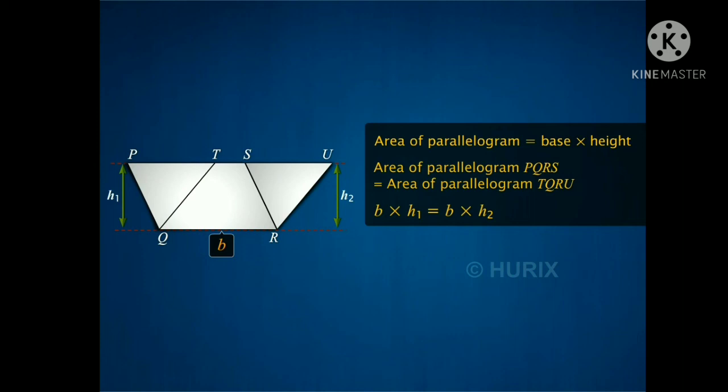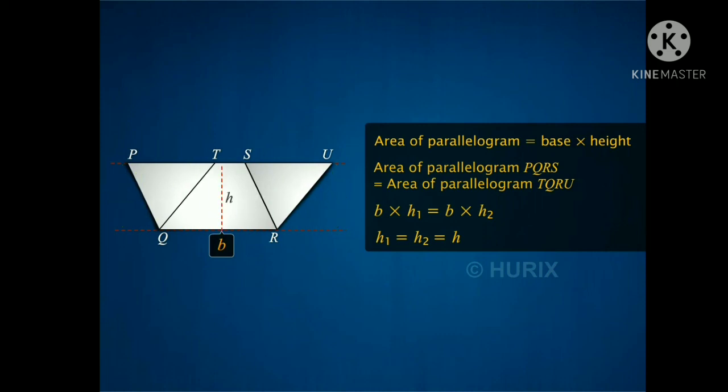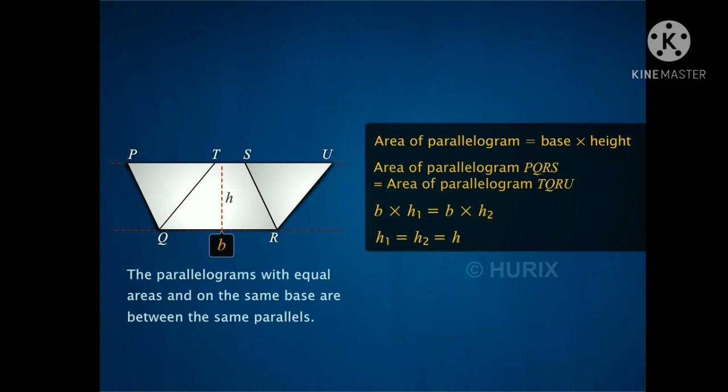But the areas of the parallelograms will be equal only if they have the same heights. Also, the parallelograms will have equal height h if they are between the same parallels. Therefore, the parallelograms with equal areas and on the same base are between the same parallels.